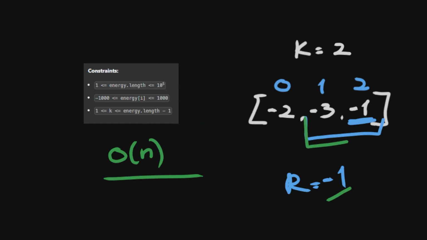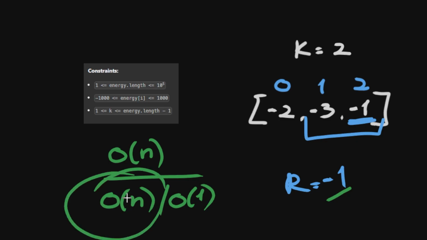So if we take a subarray with the last k elements, overall space complexity could be big O of n. And if instead we use a variable to keep track of the maximum value if we are within the last k elements, well, in this case, space would be big O of 1. So it depends on how you implement the code. In this case, we'll go with the big O of n solution.